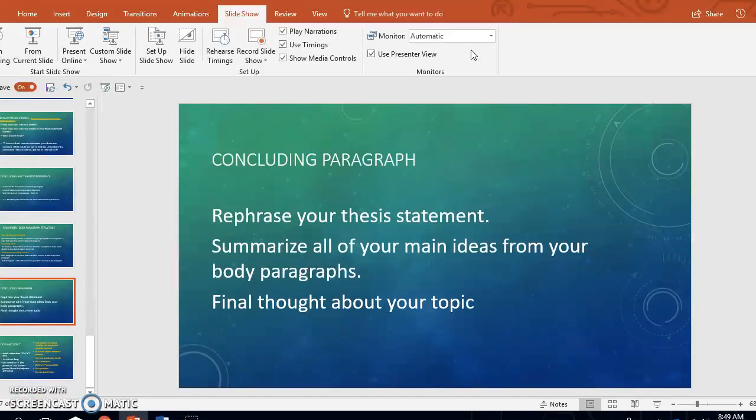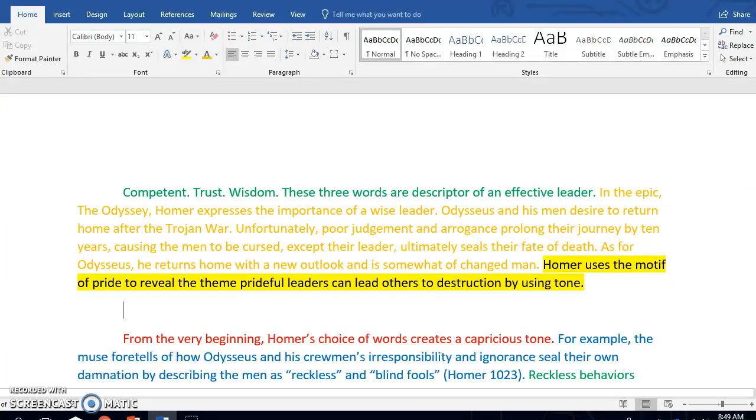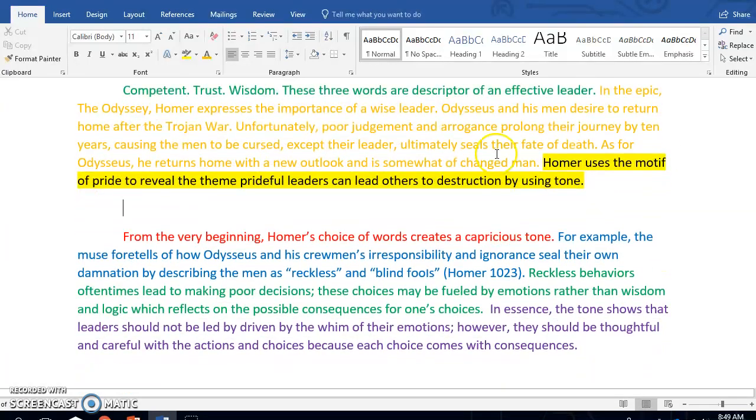I'm going to show you my body paragraph. So this is my introductory paragraph. I fixed the errors. Content, trust, wisdom. These three words are descriptors of an effective leader. In the epic The Odyssey, Homer expresses the importance of a wise leader. Odysseus and his men desire to return home after the Trojan War.